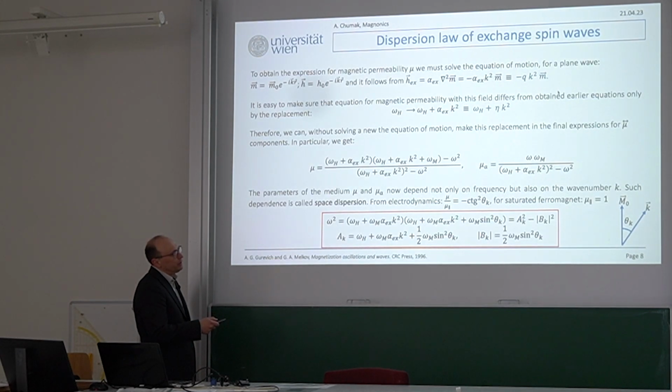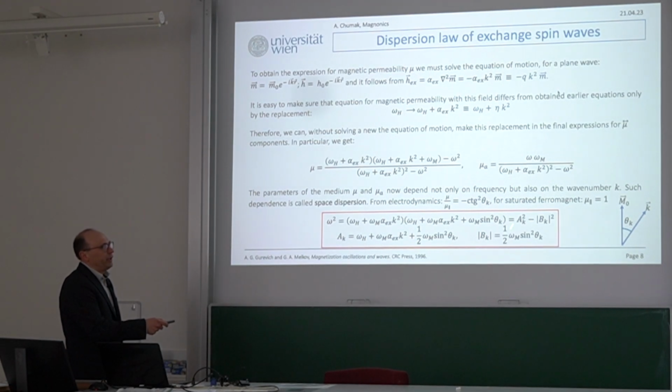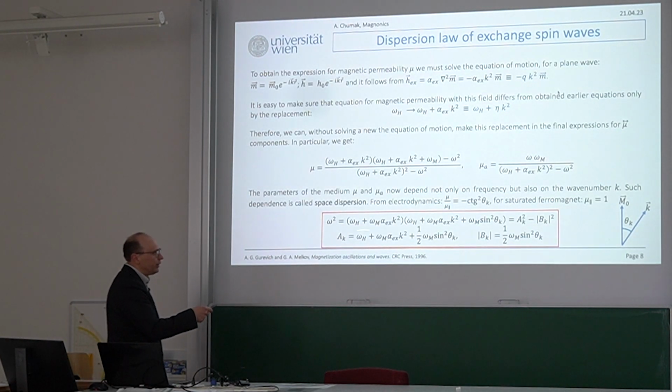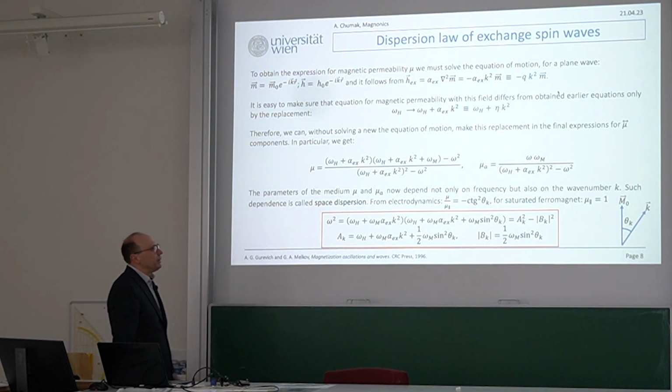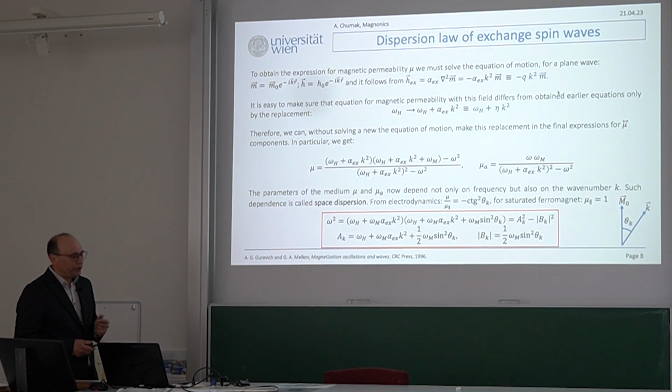So here again, k squared. Or pretty often people rewrite it in terms of A k squared minus B k squared. Just historically, somebody presented it like this. But principally, it's an analytical solution, very cool. So we have an analytical solution for purely exchange waves.